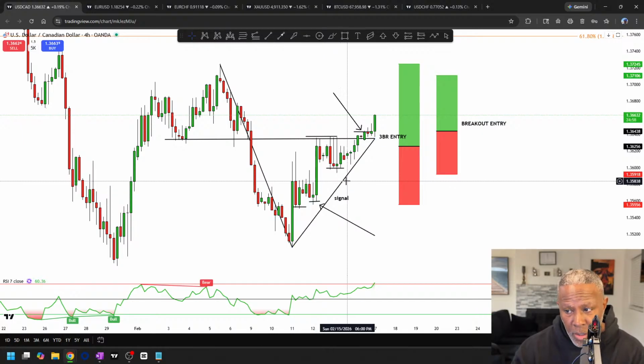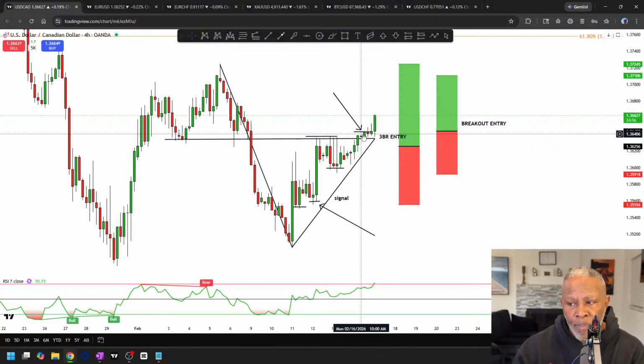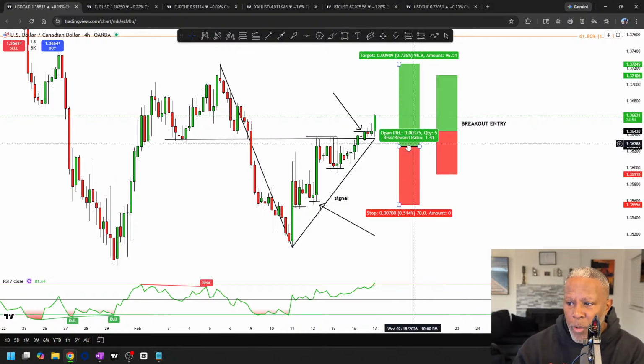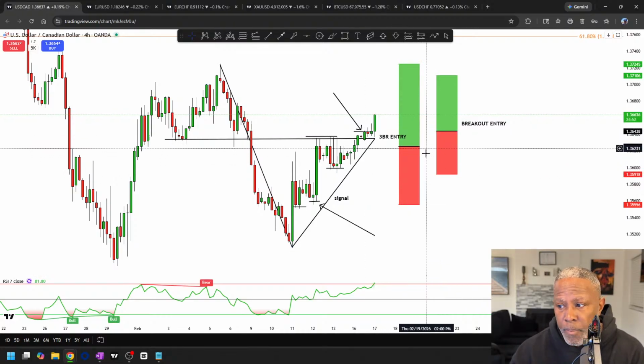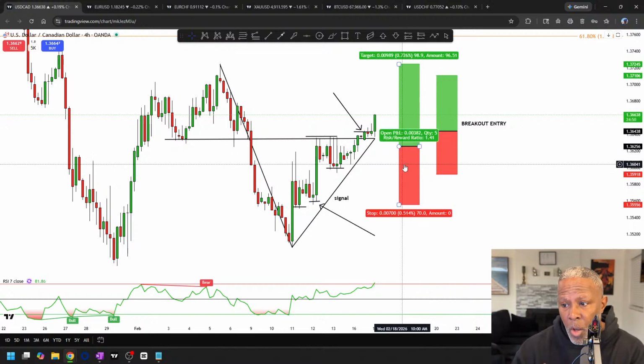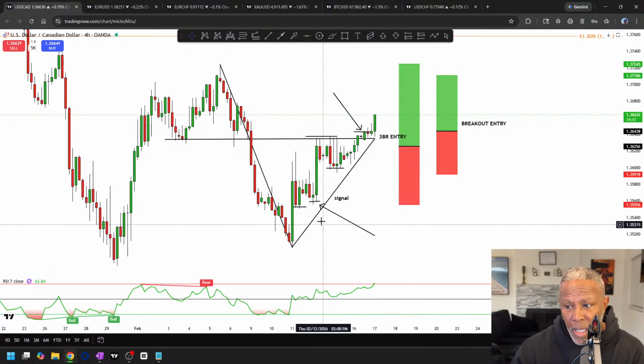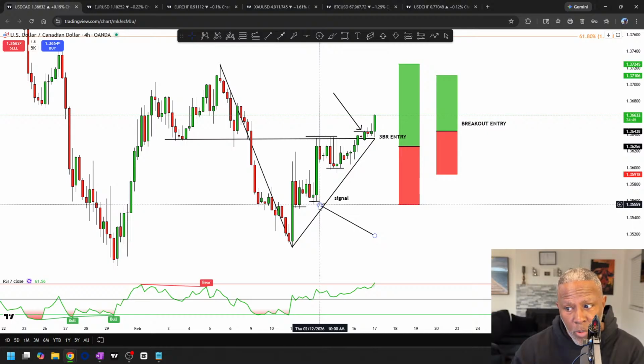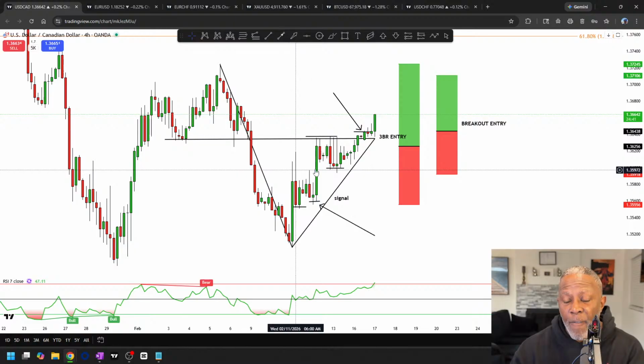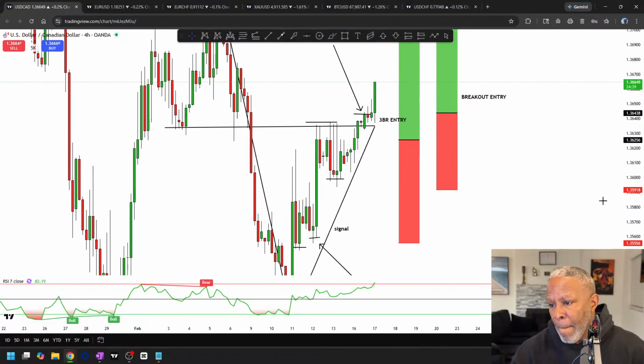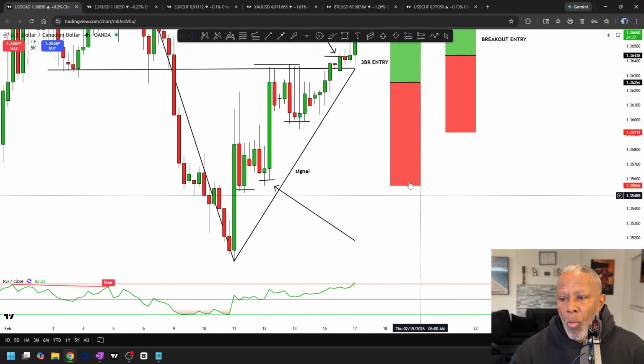That's when the decision is made, meaning this is way late. That's why I have both risk versus reward tools up to show the difference between if a trader went when the signal was actually provided, in this case at the 50% mark, halfway through the triangle. The signal was already given.